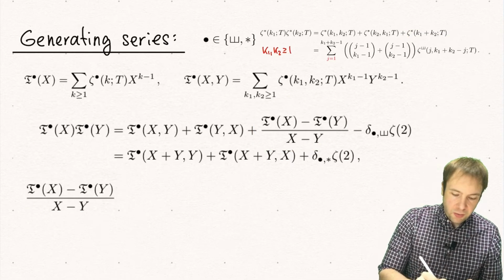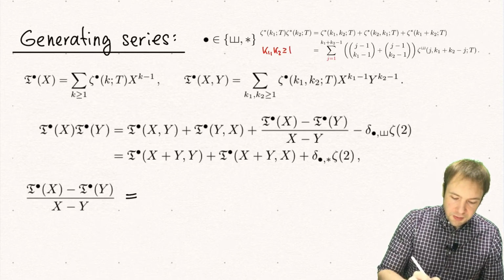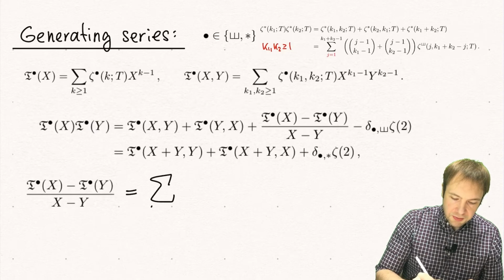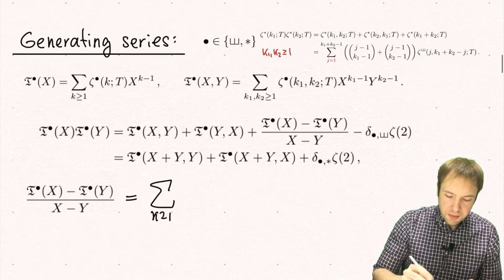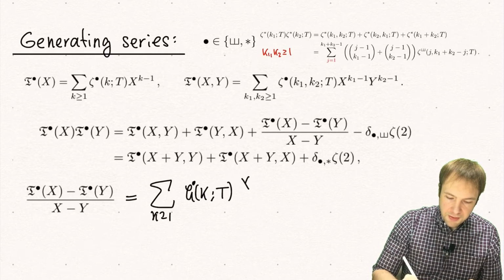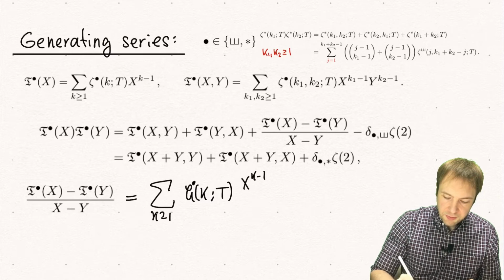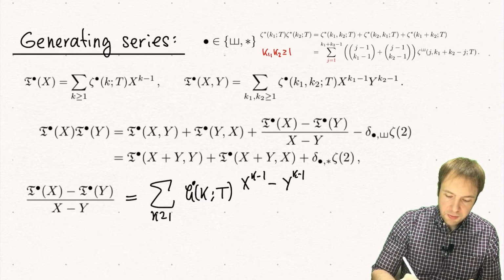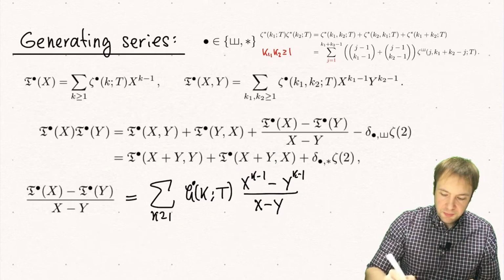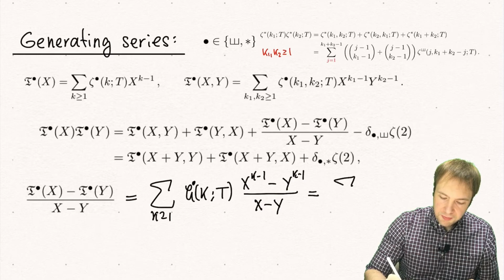So if you write down what this thing is, by definition this is the sum over k greater or equal to 1 of zeta k, bullet t, and then (x^(k-1) minus y^(k-1)) over (x minus y).